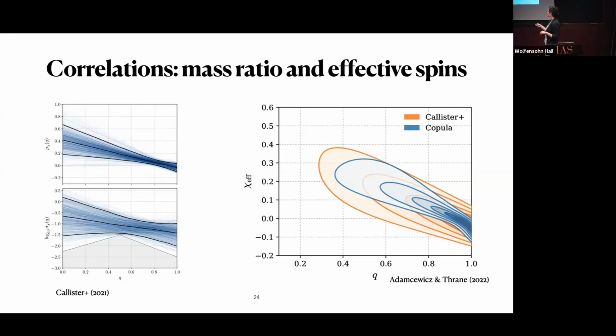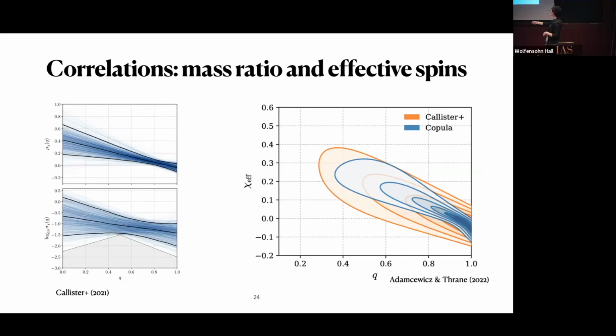They fit a model where the chi-effective distribution was a Gaussian with some mean and standard deviation that they allowed to vary as a function of mass ratio in a linear way. They found that the mean of the chi-effective distribution is larger for smaller mass ratios. So more asymmetric systems tend to have larger positive chi-effective than more equal mass systems.